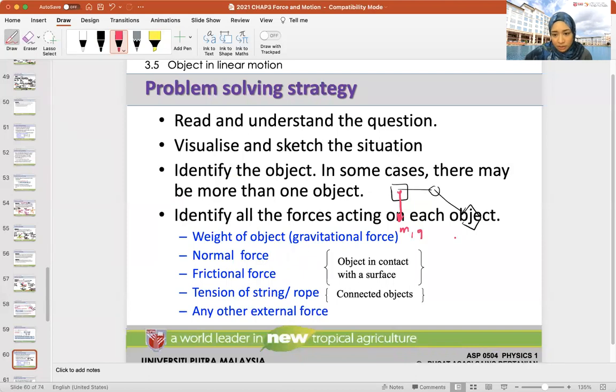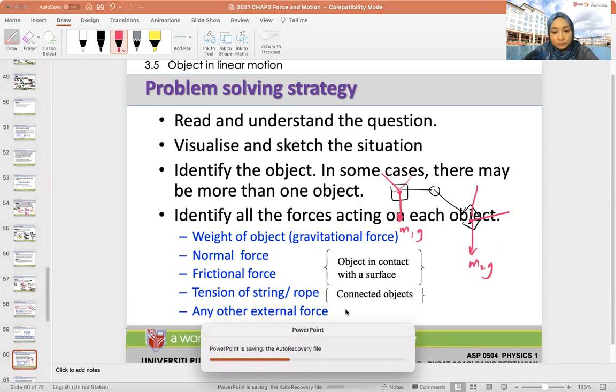This would be M1G, and this is M2G. Okay, kan ada dua. Adalah dia punya free body diagram. Okay, so don't forget. Identify all forces acting on each object. Yang kita belajar adalah weight of object, normal force, frictional, tension, and any other external forces such as F pull, F push.